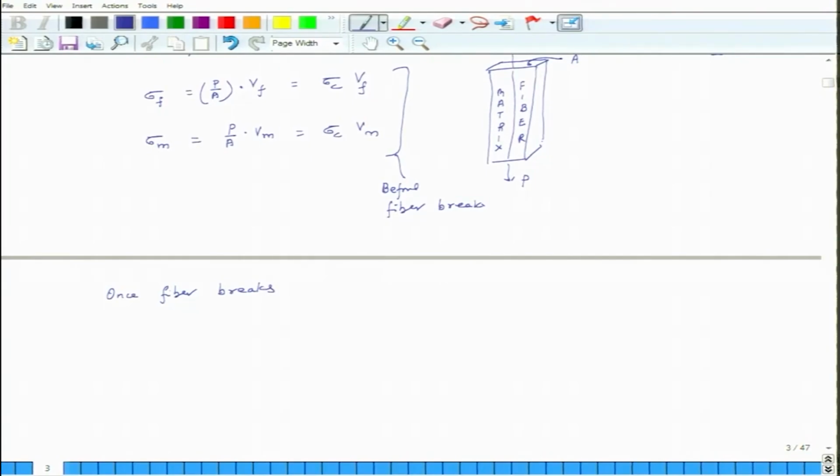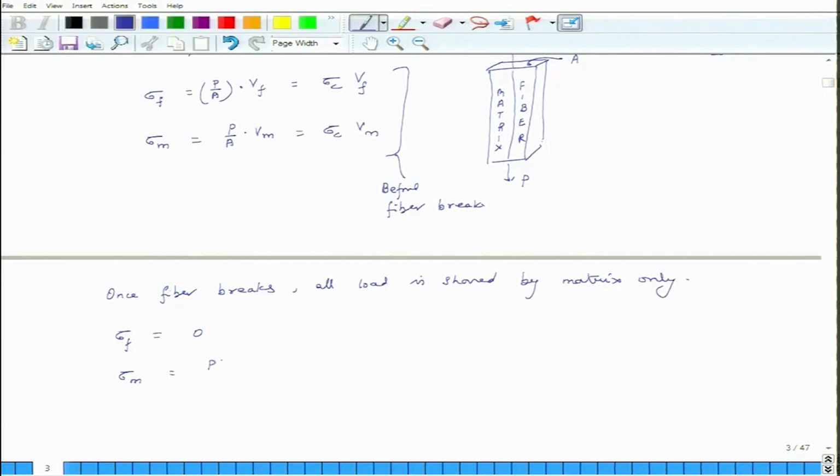All the load is being shared by the matrix only. In that case, sigma F, the stress in fiber, is 0. And what is the stress in matrix?